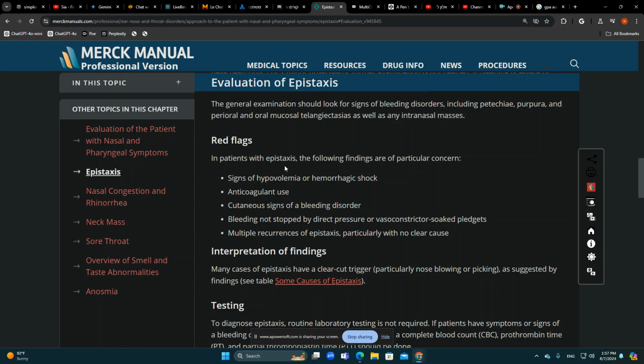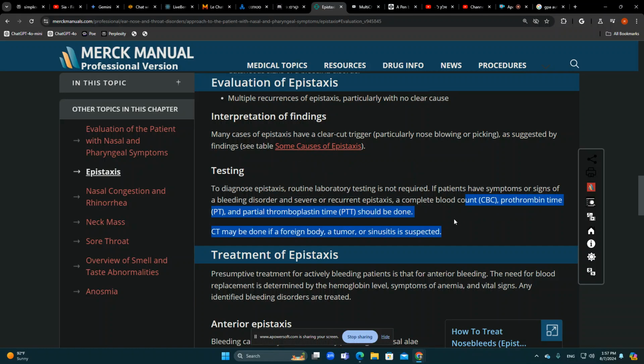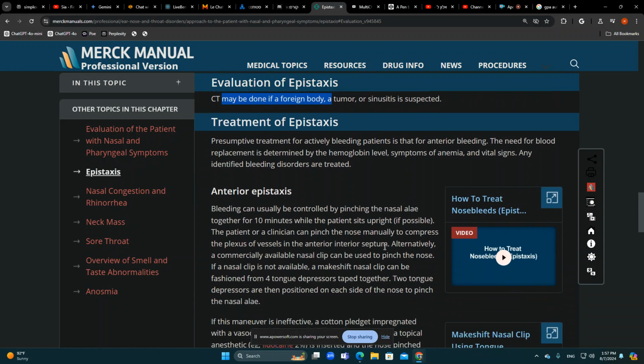Hypovolemic shock tells you that the bleeding is severe. So for interpretation of findings, consider the list of causes we said, and if you suspect a coagulation disorder or thrombocytopenia, take tests. If you suspect a foreign body, sometimes imaging will be needed.